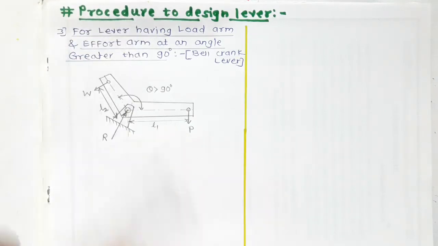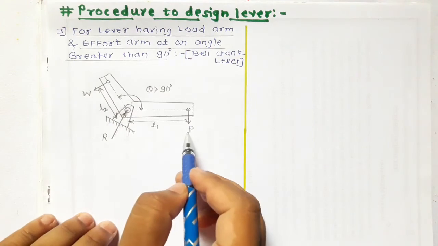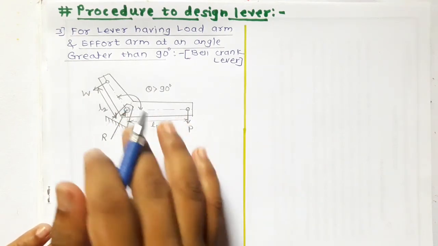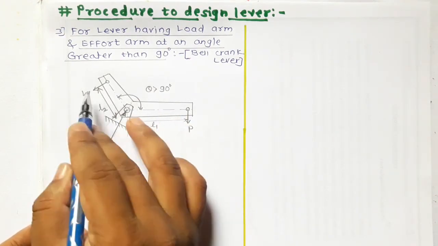First of all we have to see the equation to find out either P or W. Generally P will be unknown, W will be given.